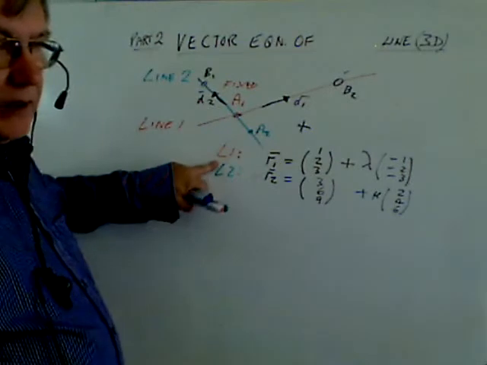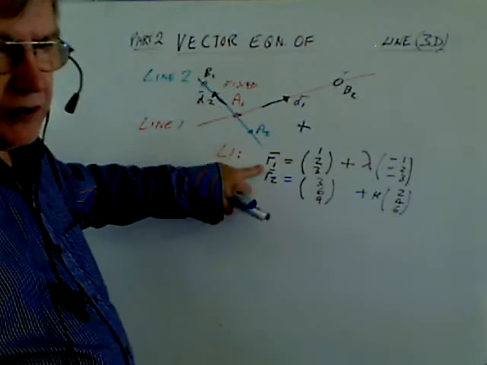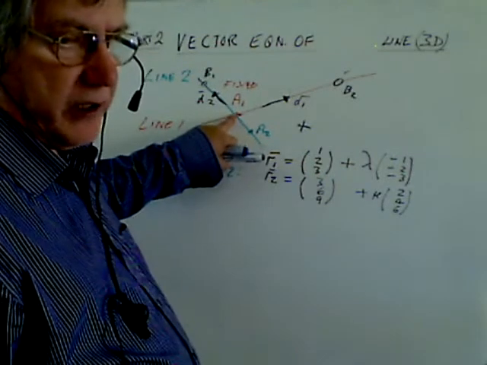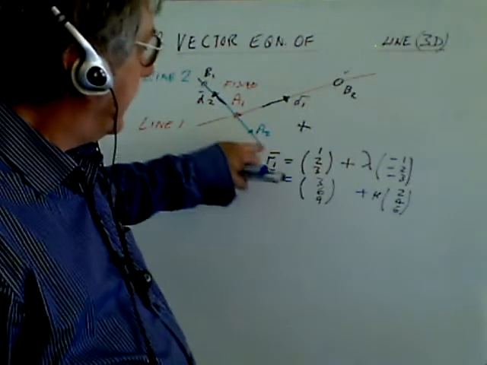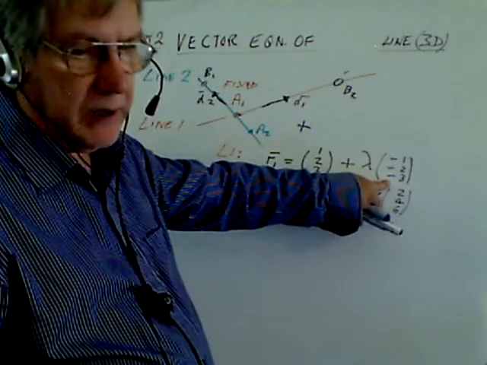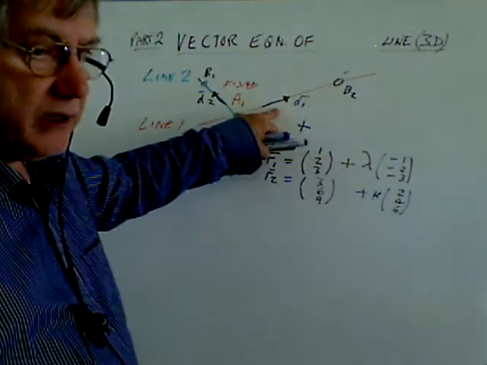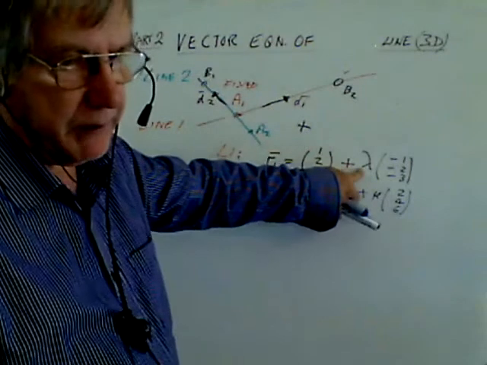So the red line, line 1, is given by this equation. This vector (1, 2, 3) is the location of the point A1 on line 1, the fixed point, and this (-1, -2, -3) is the direction vector on line 1, D1, and lambda is its free parameter.